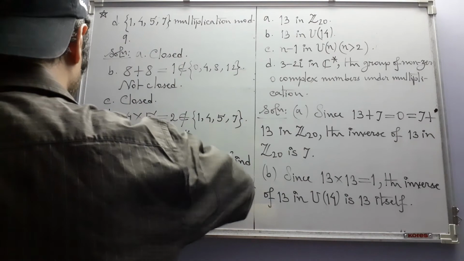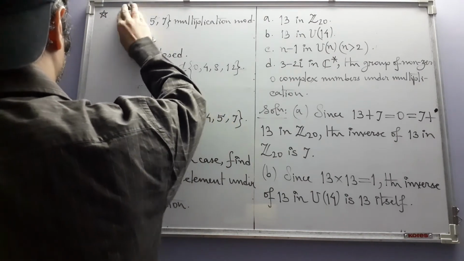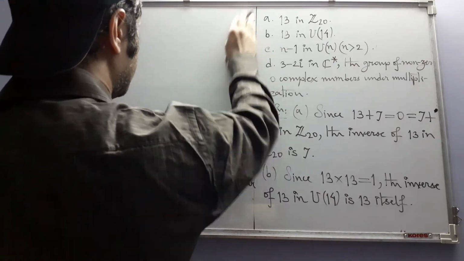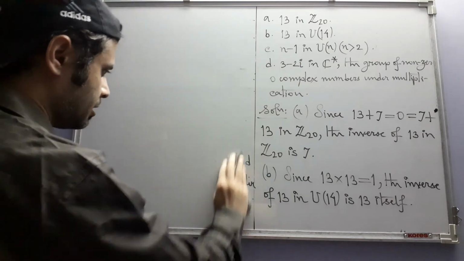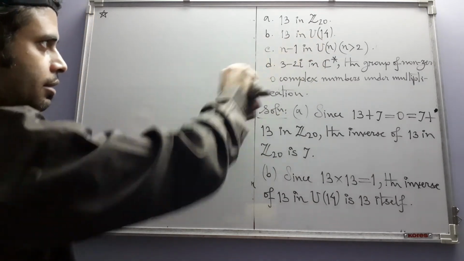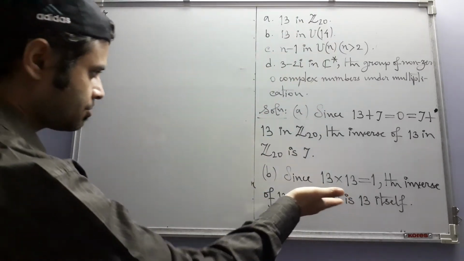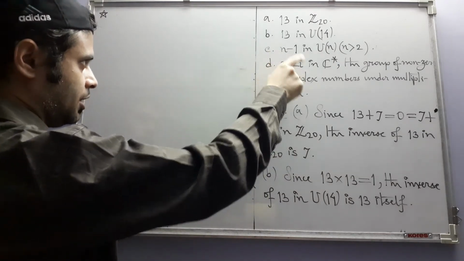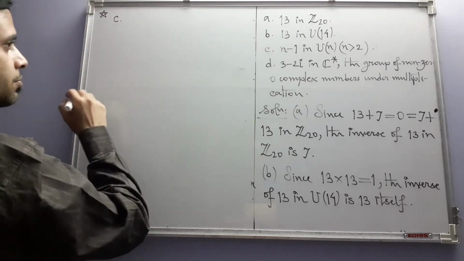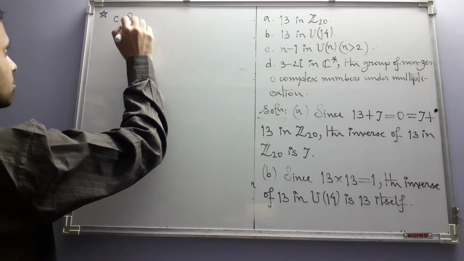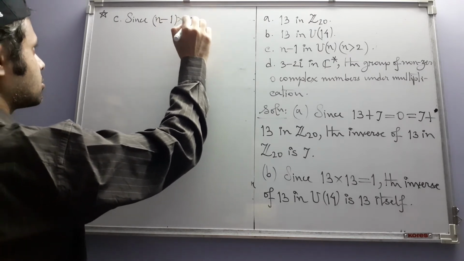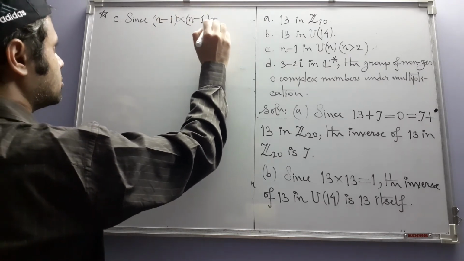Then part C. In part C, a general group Un is given, where n is an integer greater than 2. And we have been asked to find the inverse of n minus 1. That is just like this one. Here we have 13 in 14, here n minus 1. And like this one, here also the inverse will be n minus 1 itself. Since n minus 1 times n minus 1 is equal to 1.